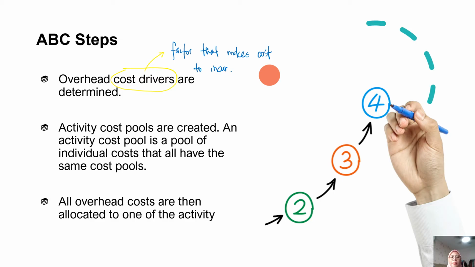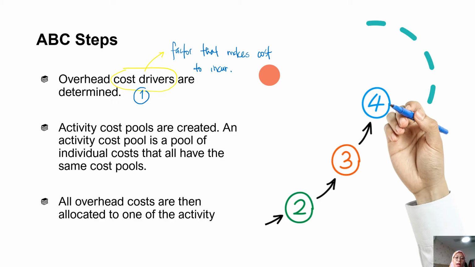So the first step is to identify cost drivers. This step is very critical, very detailed and complex, since businesses are very big, very broad, very complex, and the activities very dynamic. So the first complexity here is to determine the cost drivers.